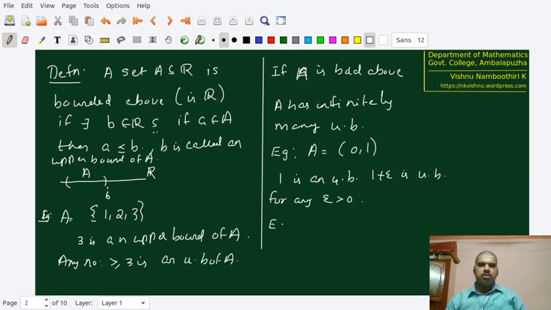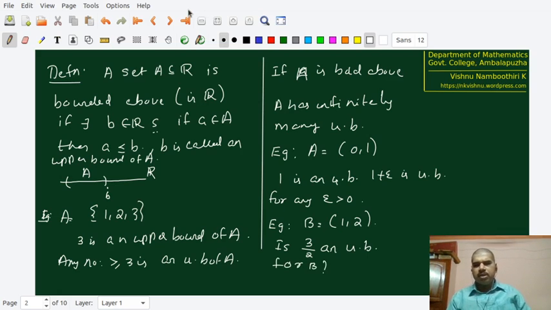Another example, suppose we choose B equal to the open interval (1, 2). Now we have a question: is 3/2 an upper bound for B?